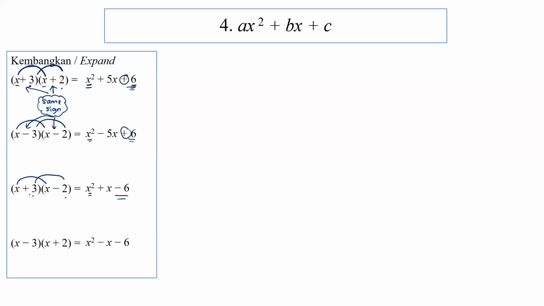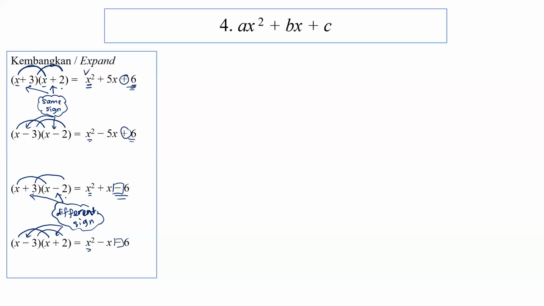Definitely we get 6, just that one is positive, one is negative. Therefore, we get negative 6 here. See, x times x is x squared. Negative 3 times positive 2, different sign. So when we multiply, we get negative 6. So over here, it is negative because it consists of different signs.